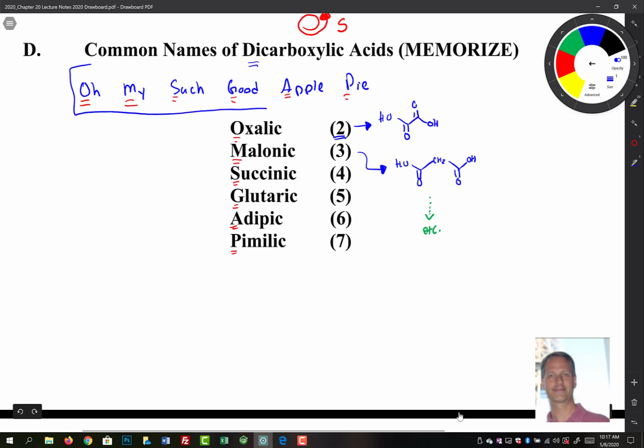So if you know that you're starting off with 2 carbons for the oxalic, then you can work your way through this, and it'll help you remember G's glutaric, for example. That's commonly useful, by the way, for multiple choice questions. Unless the question has 4 answers that start with the letter G, then it makes it not that useful. But anyway, it's a nice way that I use to remember the order of these dicarboxylic acid common names.